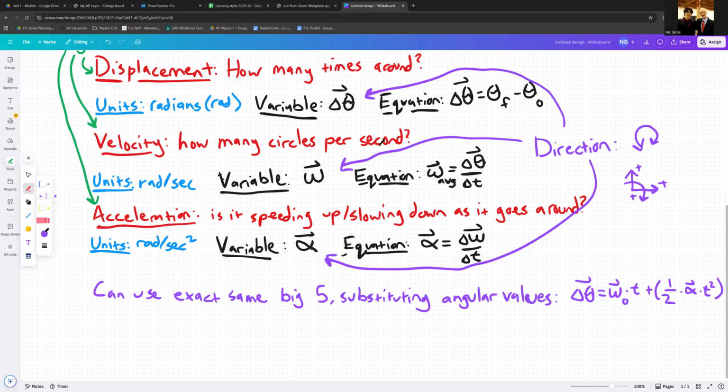Now, in this unit, we're going to see the most of, well, a couple of them. We're going to see probably omega the most, but also we're going to see alpha a decent amount. Alpha comes up more in like unit 5 when we get to torque and rotation, but we'll see it on occasion.